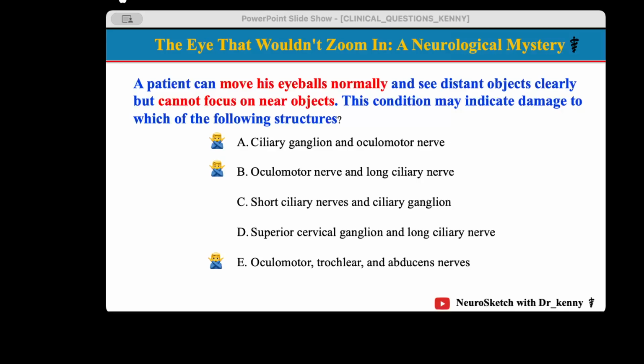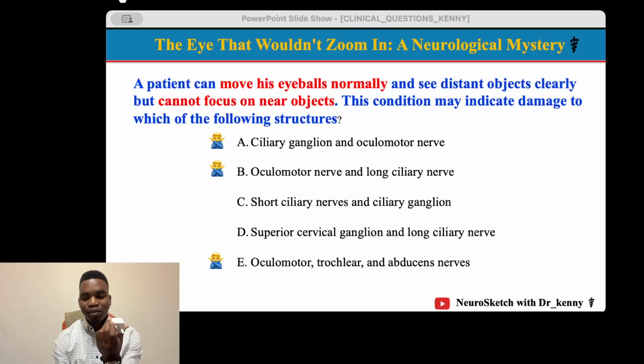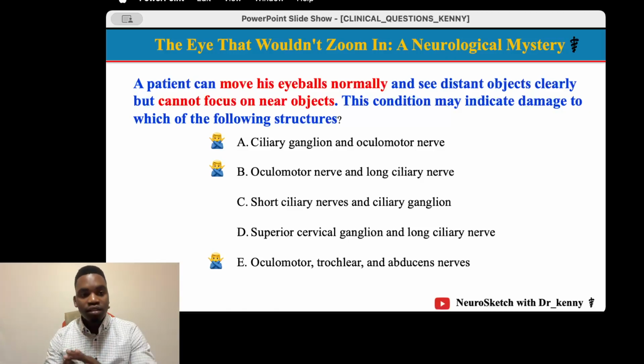Now that you know that if we want to see something close to you, you have to constrict your eye, then you know what you need is the parasympathetic component, and so failure to have the parasympathetic component, you will fail to focus on near objects. And so this is to say that the superior cervical ganglion, the sympathetic component, has got no trouble.